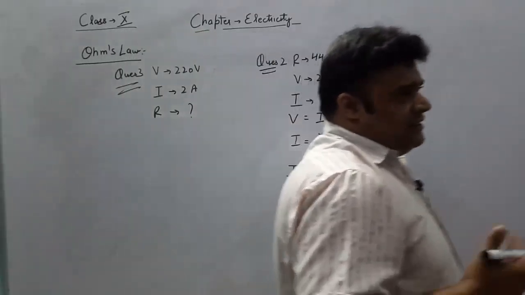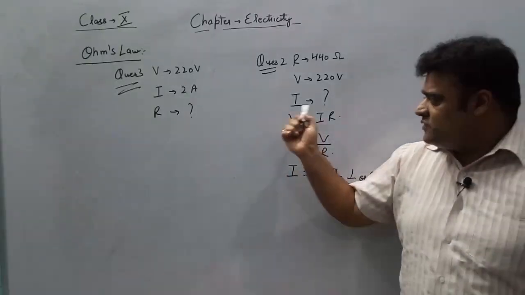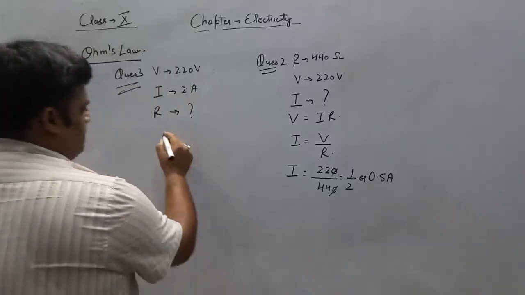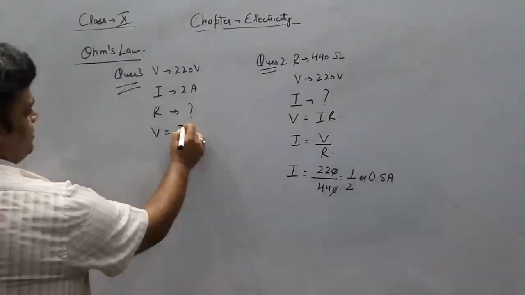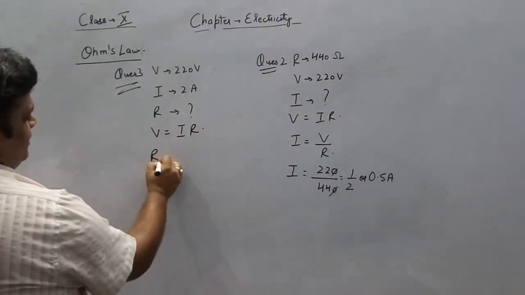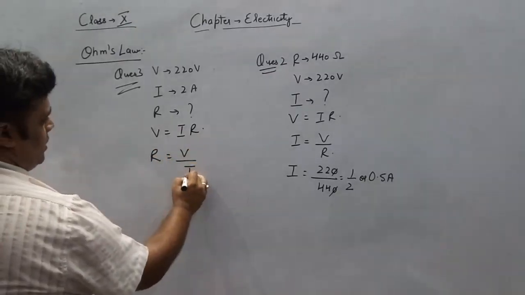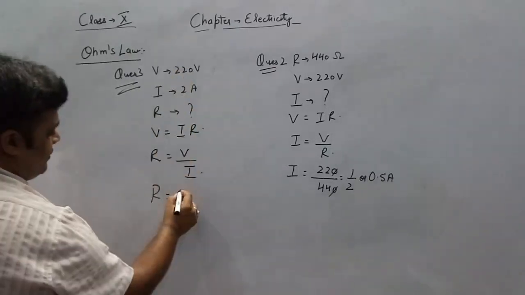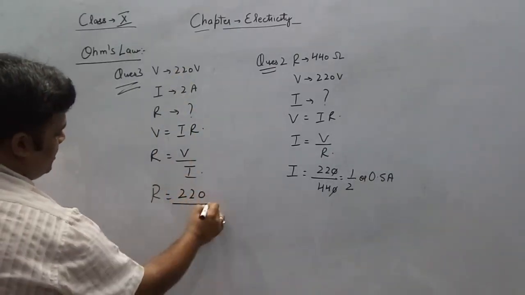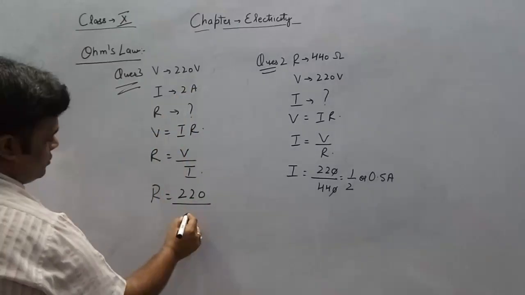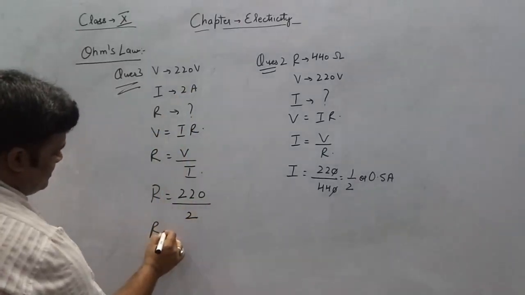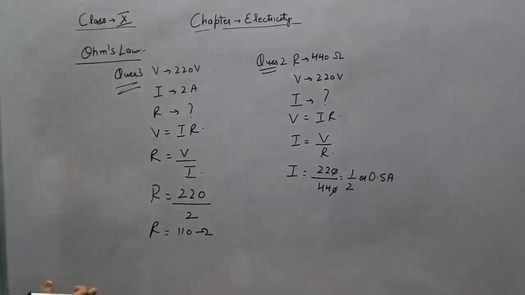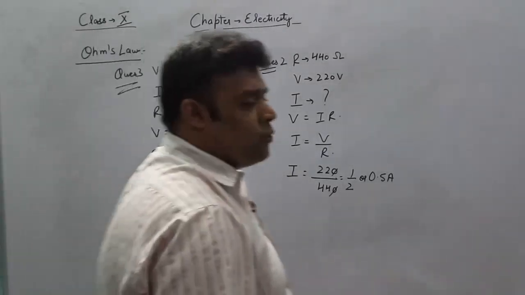Again, in these two questions we have used V is equal to IR. In this question again we will use V is equal to IR. We have to find resistance, which will become V upon I. Resistance is equal to potential difference 220 volts divided by current 2 ampere. That is, resistance here will become 110 ohm.